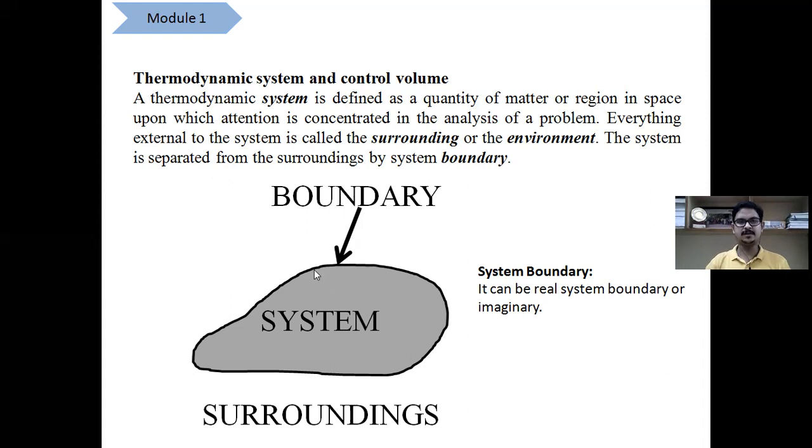Here you can see a firm boundary, and the rest of the universe is called the surroundings. So excluding the system from the universe is the surroundings, and this boundary separates the system and the surroundings. This boundary can be a real boundary or it may be an imaginary boundary. For some open systems, we will see an imaginary boundary.